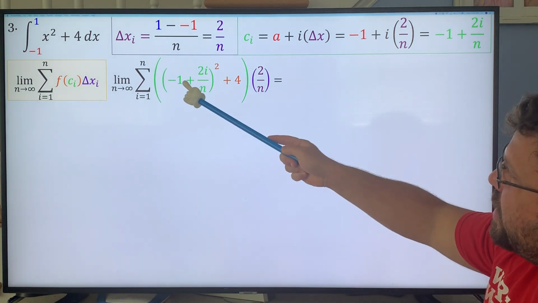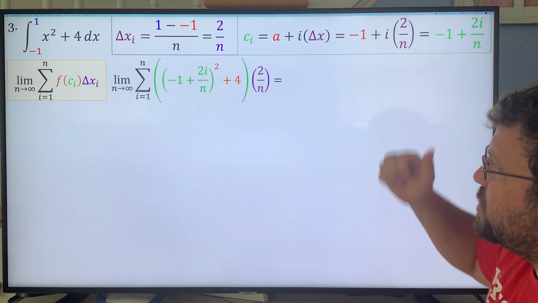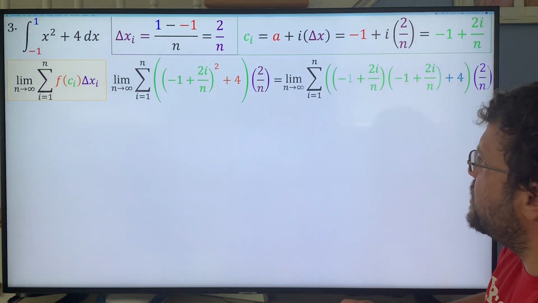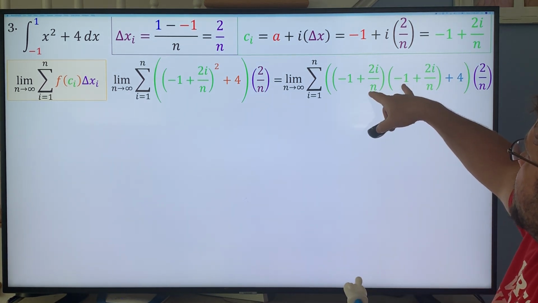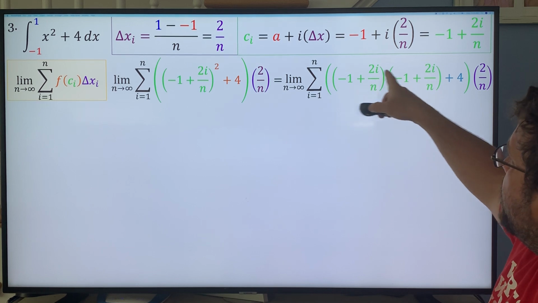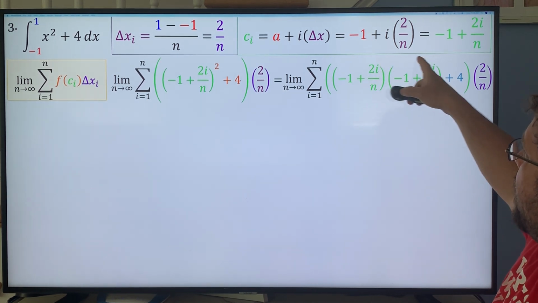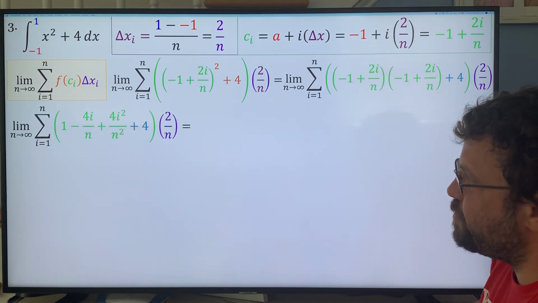FOIL: -1 plus 2i over n times -1 plus 2i over n. So that's 1 minus 2i over n minus 2i over n. Oops, there you go. You expand it. So this is going to be 1 minus 2i over n minus 2i over n plus 4i squared over n squared. Plus 4.